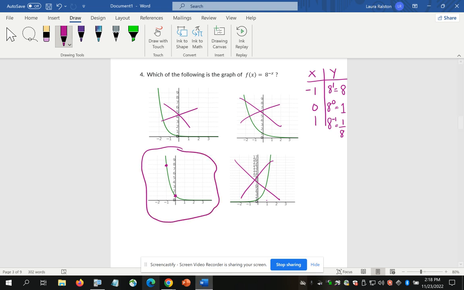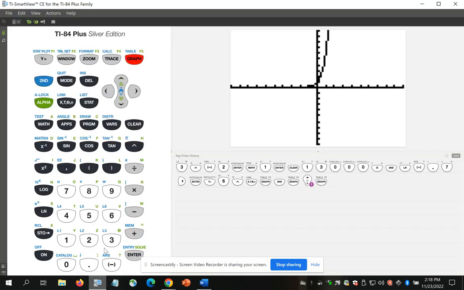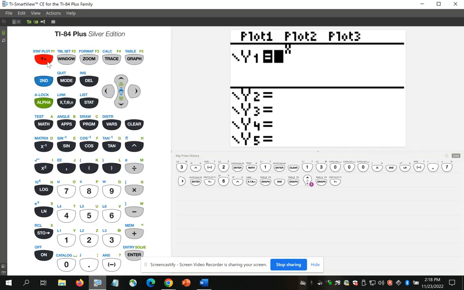Again, I can use my calculator as a backup. I can graph y equals, and I can do 8 raised to the negative x power. I do need to get rid of this extra x here. Let me clear that out.